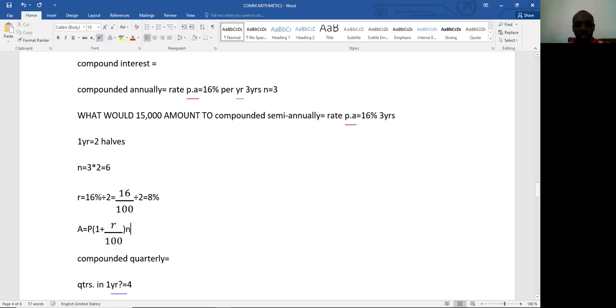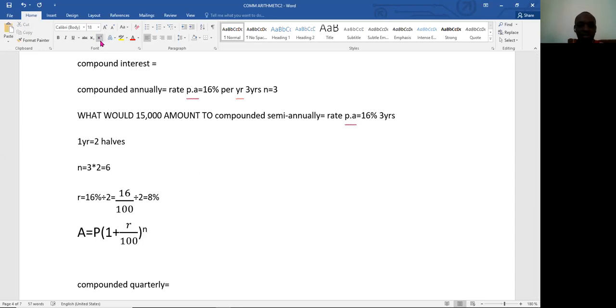This one is into power n. So the n is here. I think all of this needs to be changed. So you now see it is quite different.